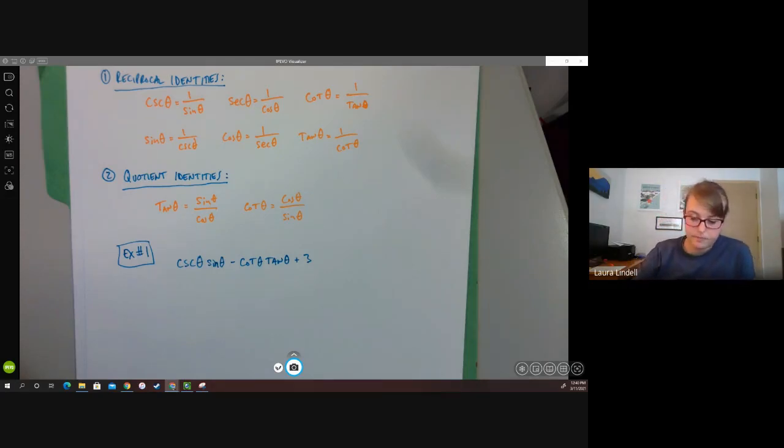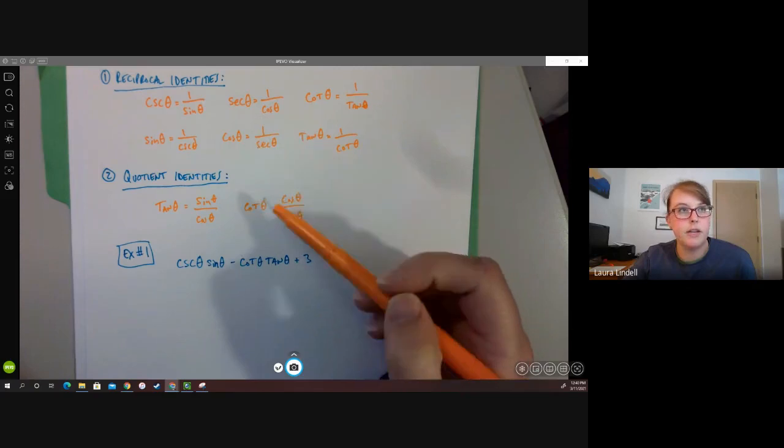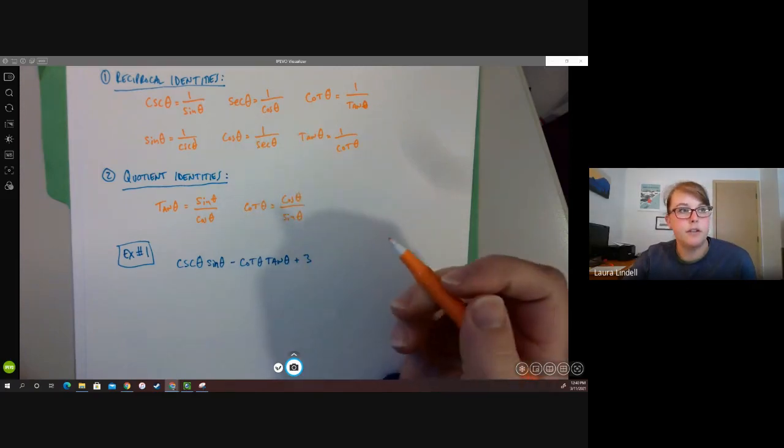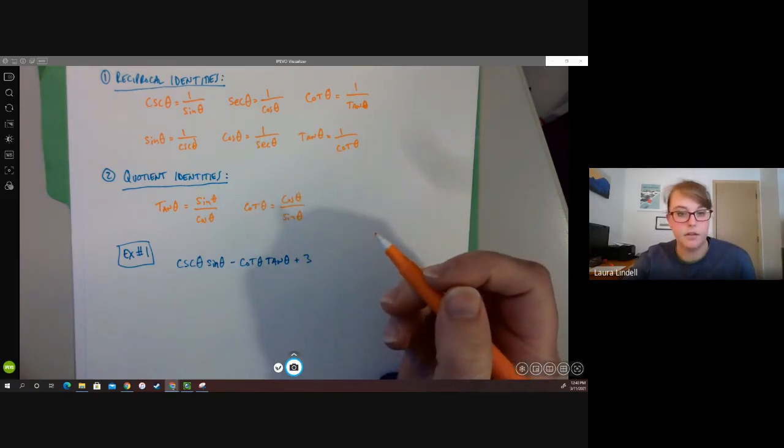So typically the first thing you want to do when you're simplifying an expression like this, if the only thing you're working with here is reciprocal and quotient identities, then the first thing you really need to do anyway is put things in terms of sine and cosine.